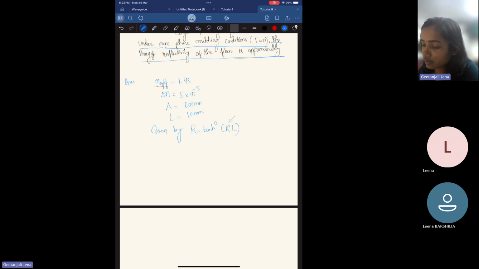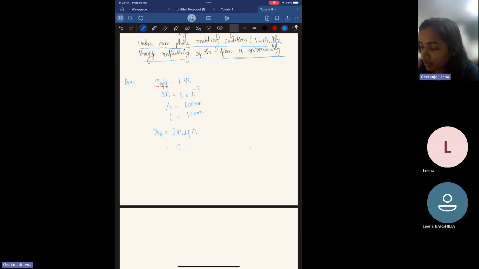Before that, let us first calculate lambda B. Lambda B for the pure phase matching condition is 2 n effective multiplied by the grating period.